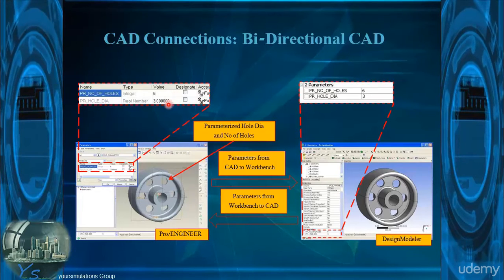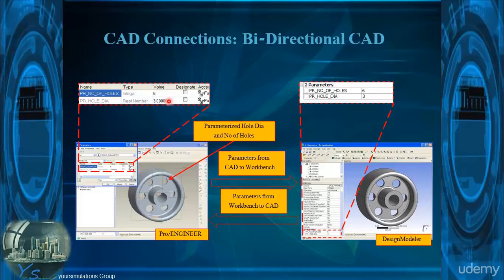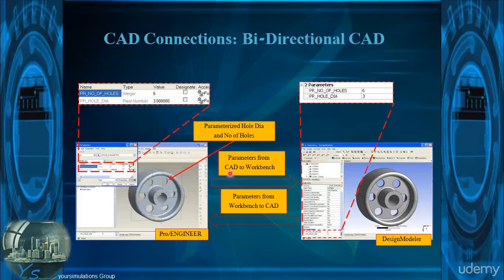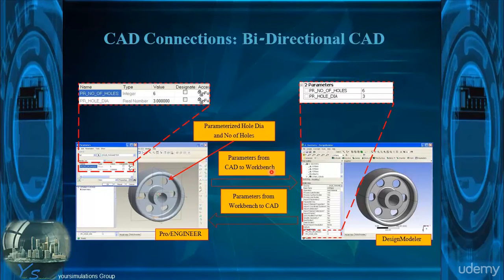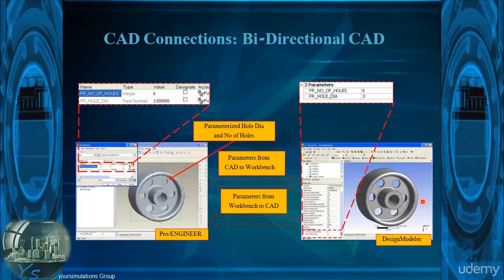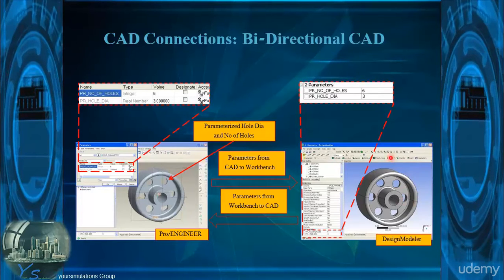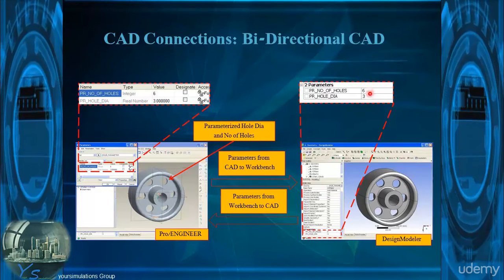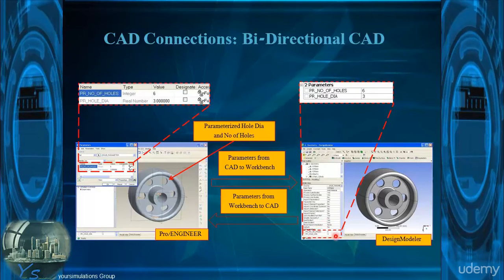So once these have been set up and we've set the parameters as described in the previous slide, we can then have these transferred from CAD to Workbench and make sure that they're available in Design Modeler. So here we can see those two numbers, 6 and 3, listed down here.